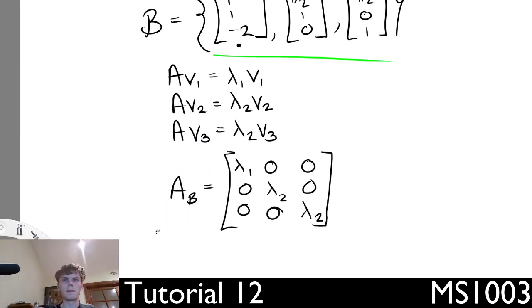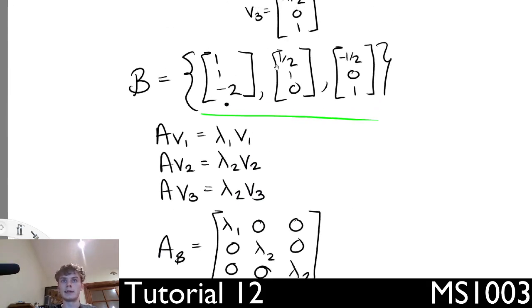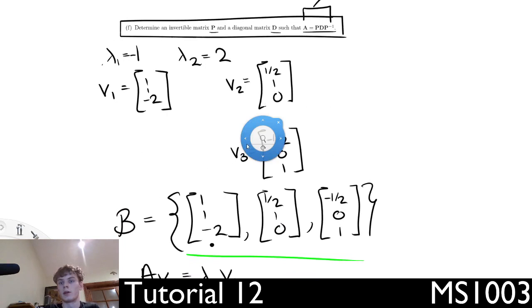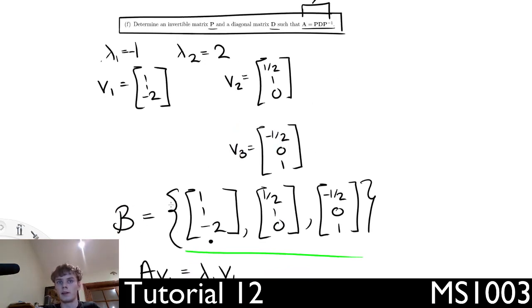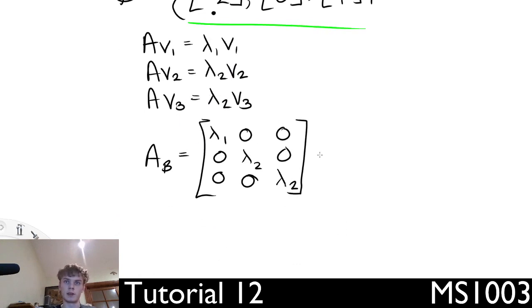So, this is what A should look like in the basis B. It looks diagonal. So my idea to use this basis here was correct, okay? This is the basis that's going to give us the diagonal matrix D. So this is our diagonal matrix D. Right?